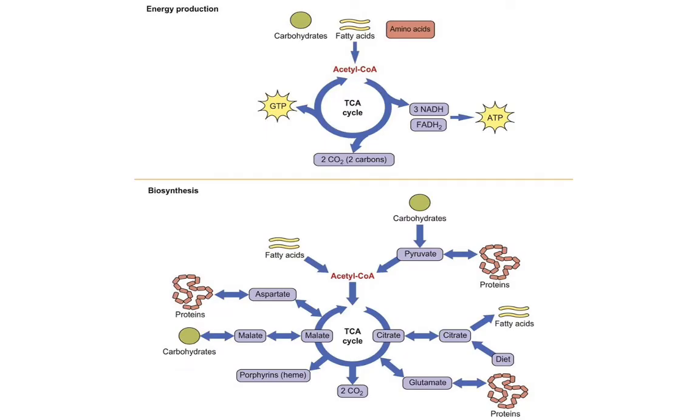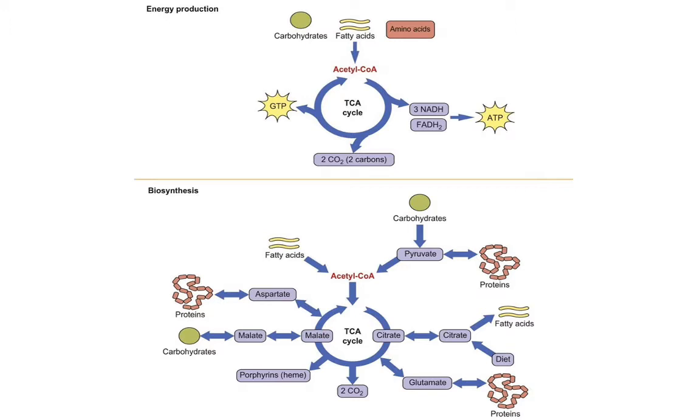Okay, so this is kind of the big picture here, showing two diagrams of the TCA cycle. At the top, focusing on the energy exchange, and the bottom actually focusing on the compounds that come in and go out of the TCA cycle. At the top, you see not only can we funnel carbohydrates through the TCA cycle, but fatty acids as well. And that's the main way to break down fatty acids.